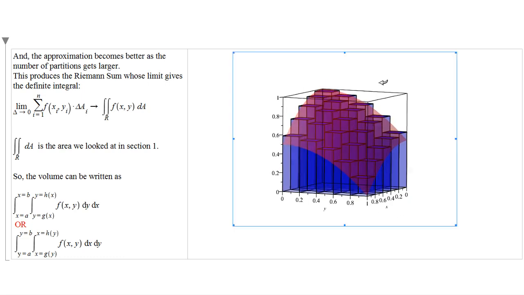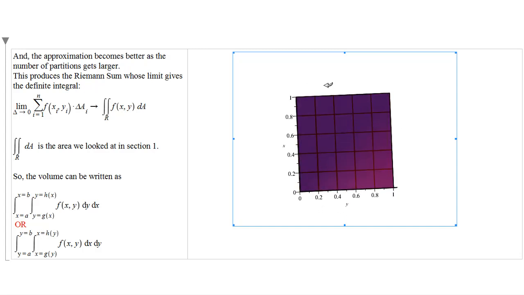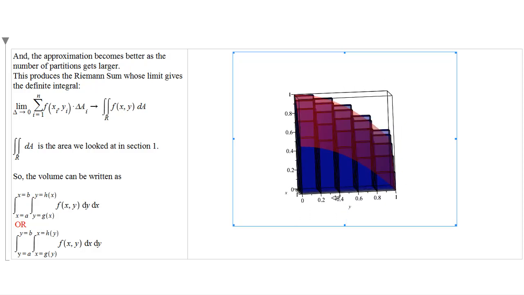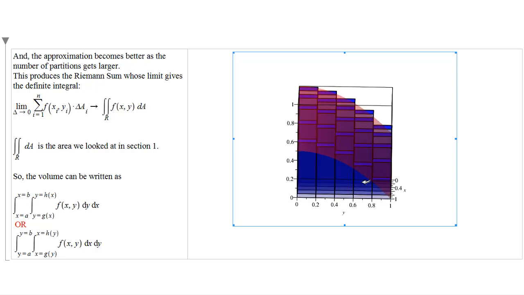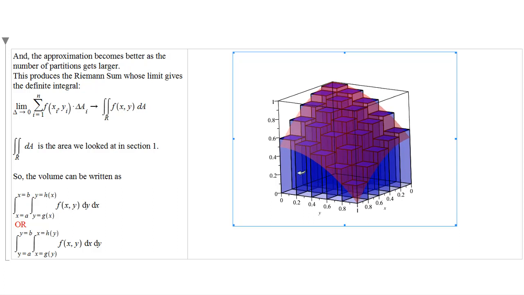So here is the region that we subdivided into delta x and delta y's, and the rectangular solids that we created whose volumes are given as f of x y times delta x times delta y, which we call delta A. And so there are a number of rectangles.